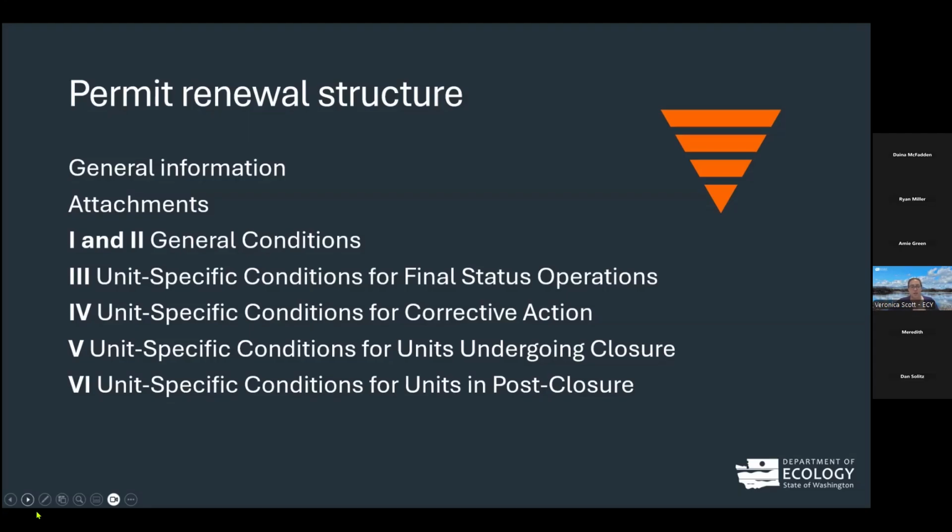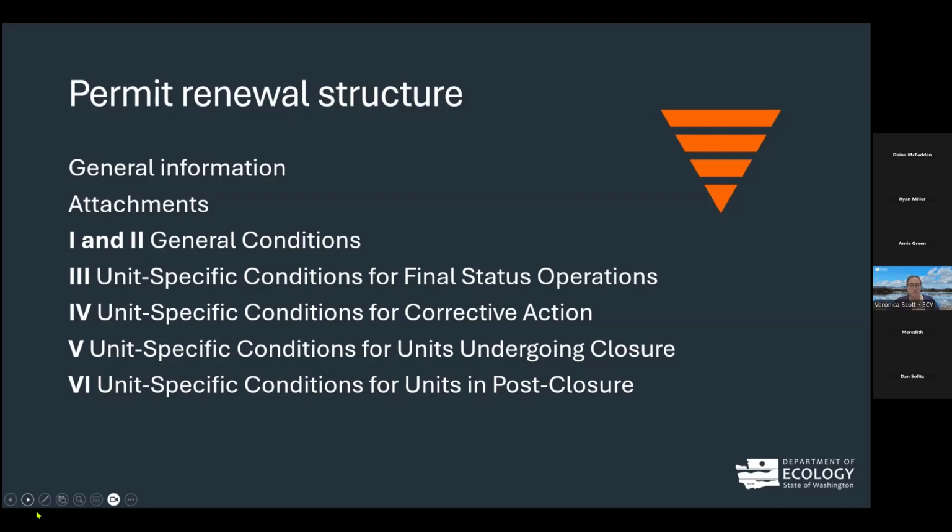That's followed by the attachments sections and the part 1 and 2 general conditions. The attachments are kind of an extension of the general conditions, and those 3 sections all cover the entire Hanford facility. So everything that's covered under the permit, this is kind of that information that covers that whole general picture.